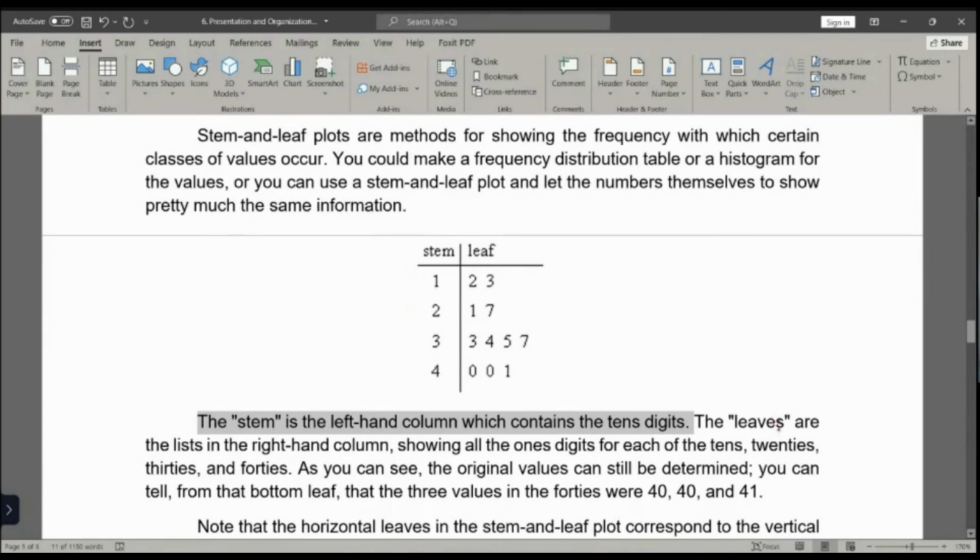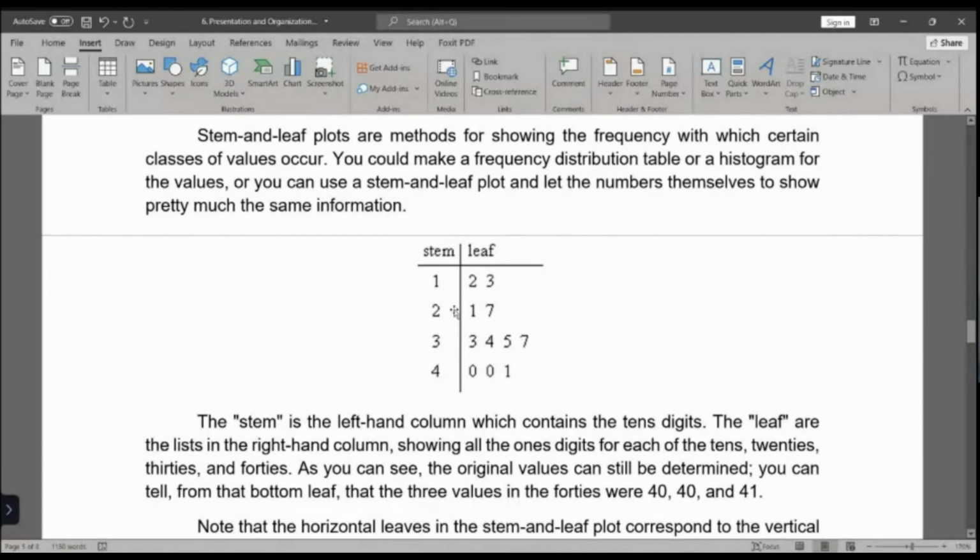The leaf are the lists in the right-hand column showing all the ones digits for each of the 10s, 20s, 30s, and 40s. As you can see, the original values can still be determined, just combine the stem and each leaf. So this is actually 12, 13.